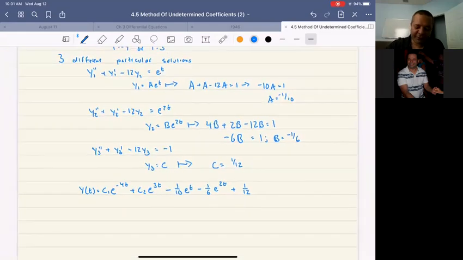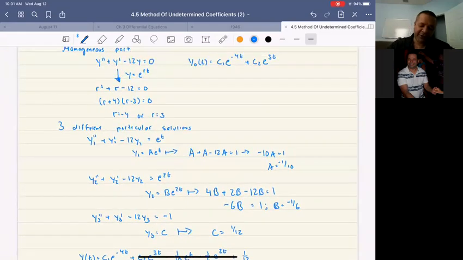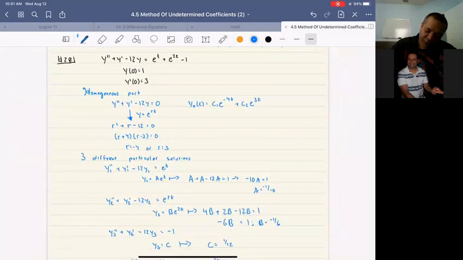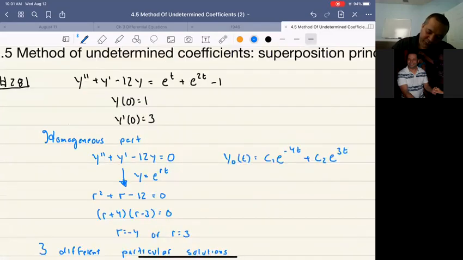Okay, so this is the form of the solution, and we still need to satisfy the initial conditions. So y of 0 equals 1, y prime of 0 equals 3.